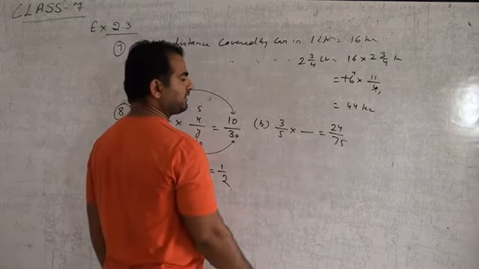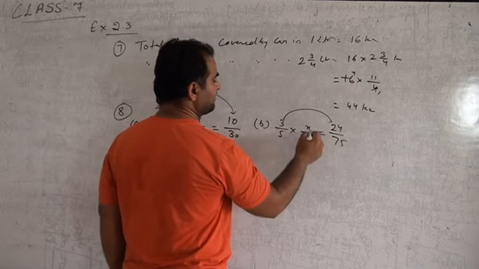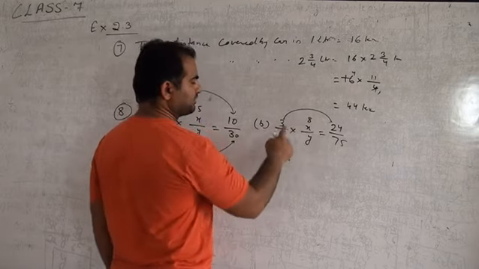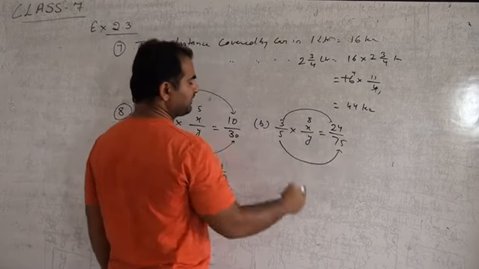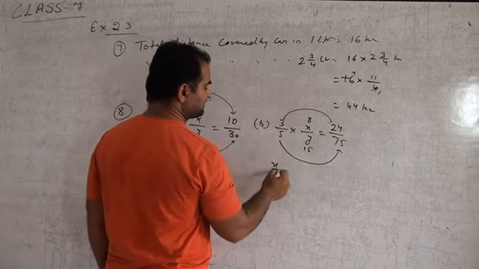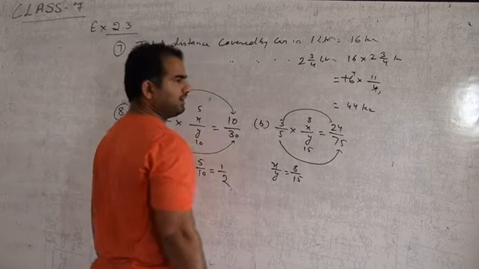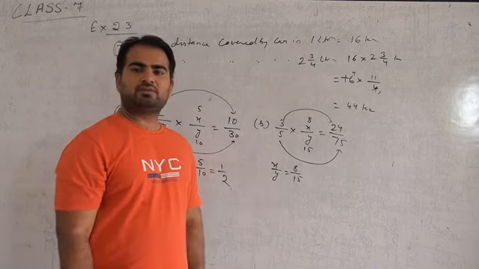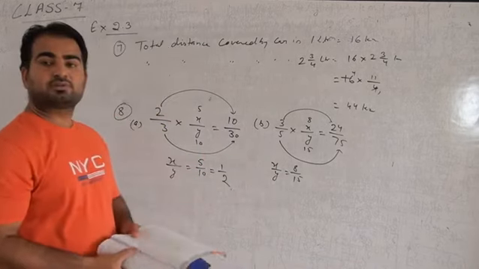To get 24 we should multiply by x, and to get 75 we should multiply 5 by 15. x should be 8, because 3 times 8 is 24. So x upon y equals 8/15, and we cannot divide it further, so the answer will be 8/15. Okay class, this was your exercise number 2.3.